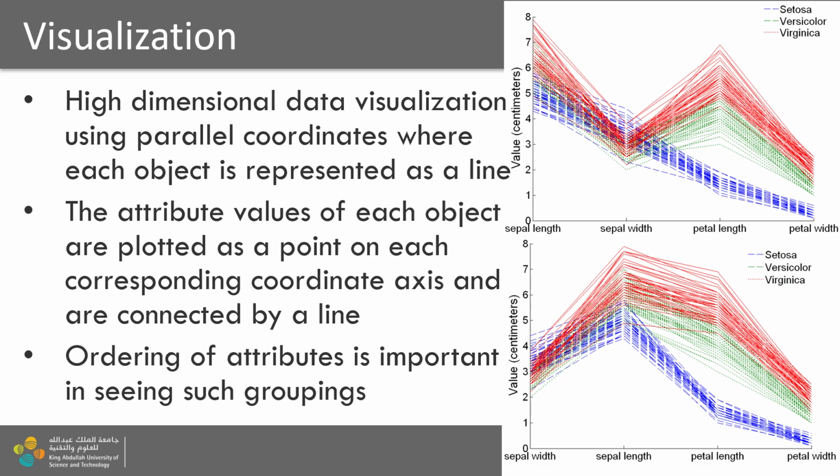The next visualization technique is called parallel coordinates. In this visualization technique, as the name says, the coordinate axes are all parallel to each other. We can see here one axis of values for sepal length.